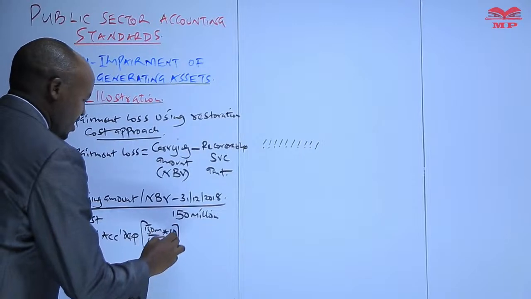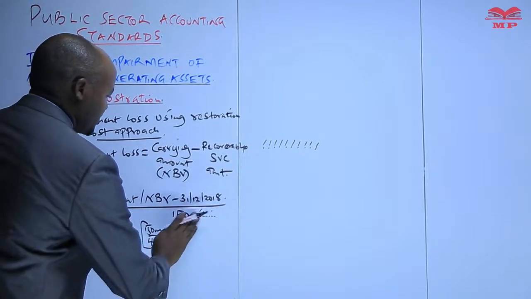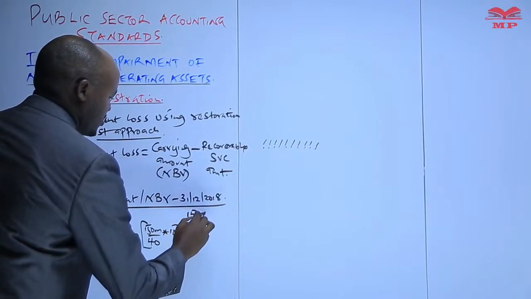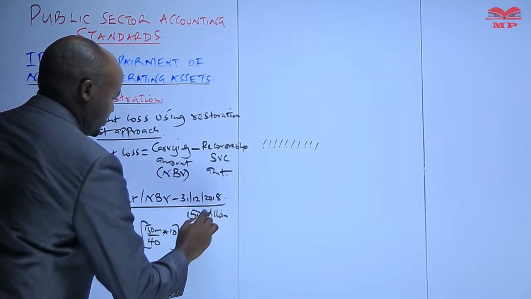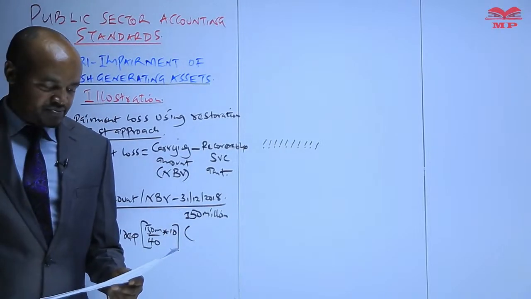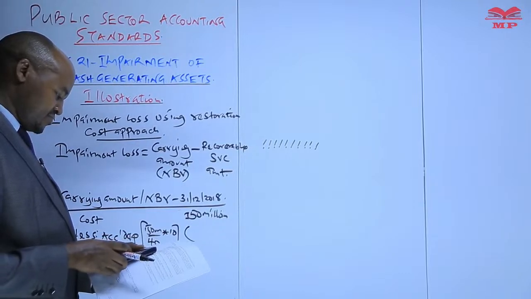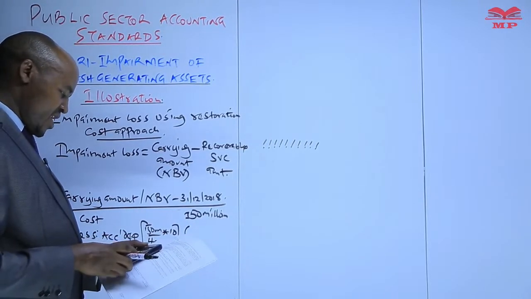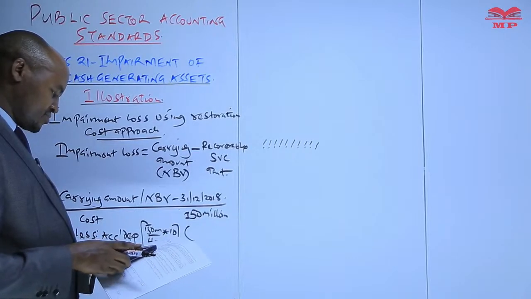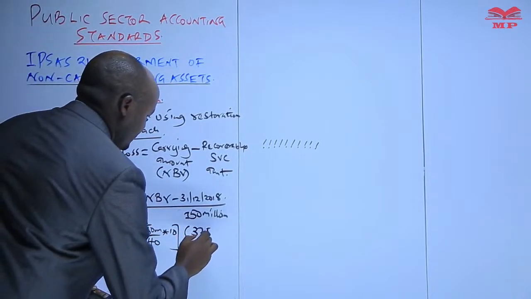So meaning that our interest is to determine the accumulated depreciation for how many years? For 10 years. So this is the cost, which is 150 million. So let's compute this accumulated depreciation, which will be equal to 150 divided by 40 years times 10, which will give us 37.5 million.